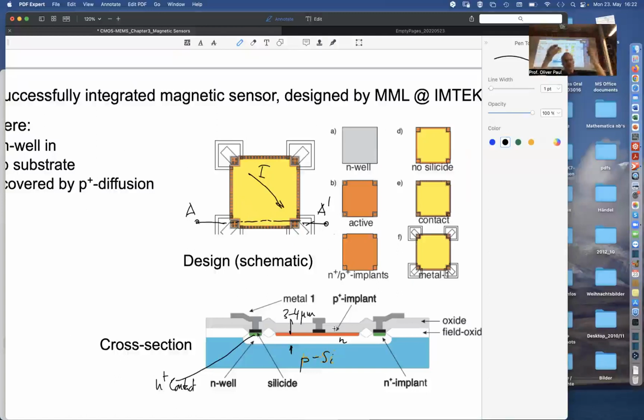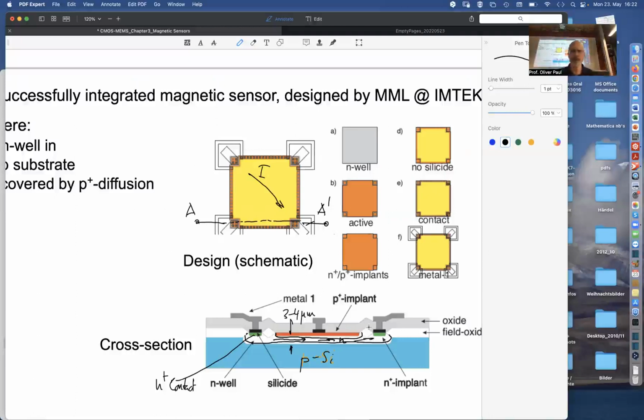And that simply allows to have two PN junctions, with some depletion layers, and then I should draw a second depletion layer down here. That's where nothing flows. And then in this central region, the current flows between those PN junctions.